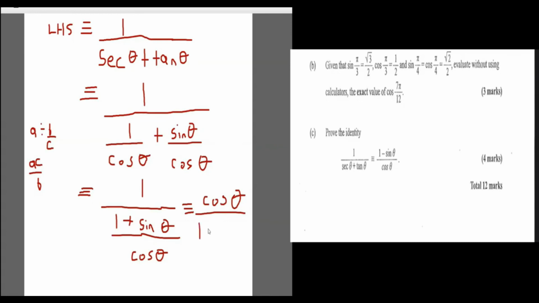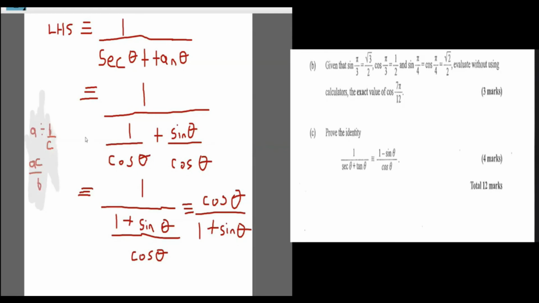But then you're going to say, sir, that is far from what we want to show. No, it is not. We're almost at our destination. So all of that works out to be cos theta over 1 plus sine theta.